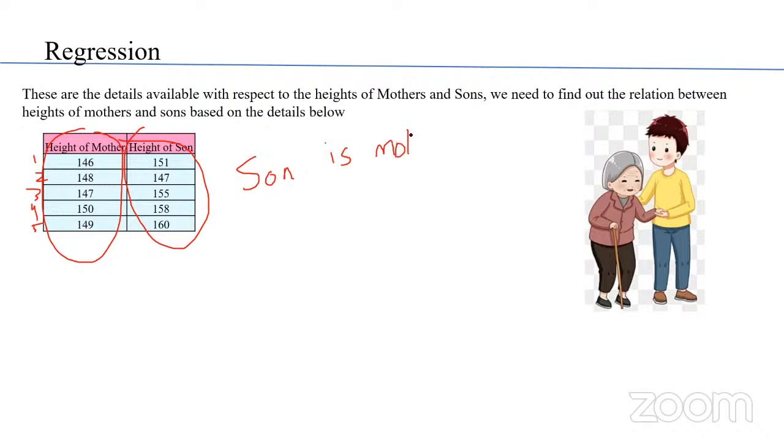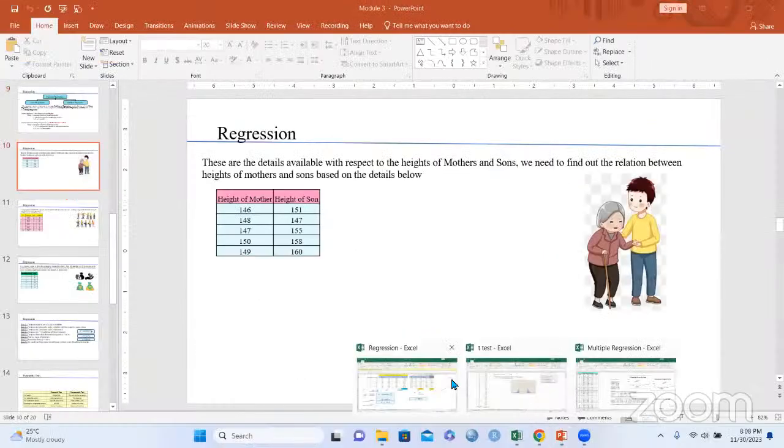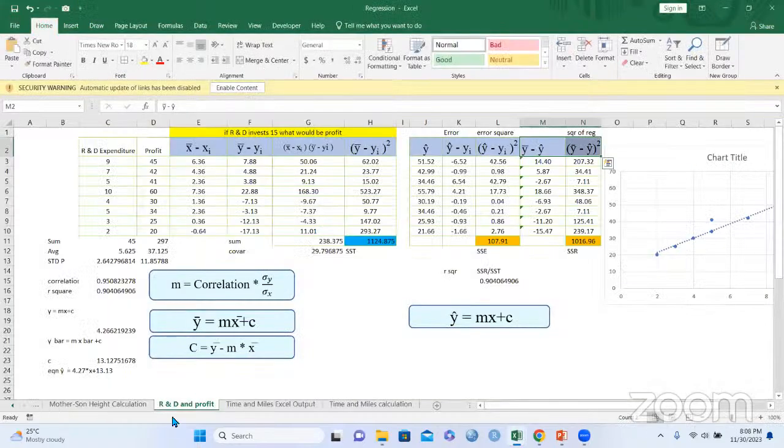We try to fit a trend or regression line, and we check how much percentage of the son's height is dependent on the mother's height. For that we have taken 5 samples, and we'll see that in Excel to find the answer. After completion of this, we'll see the next one, which is multiple regression.